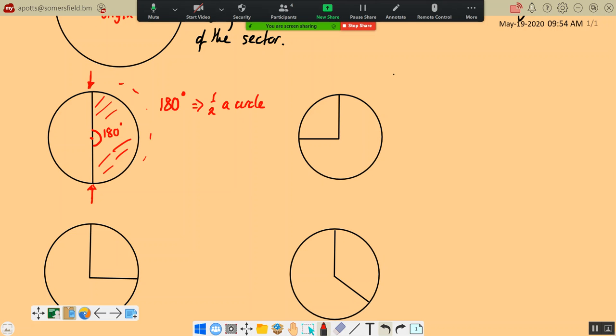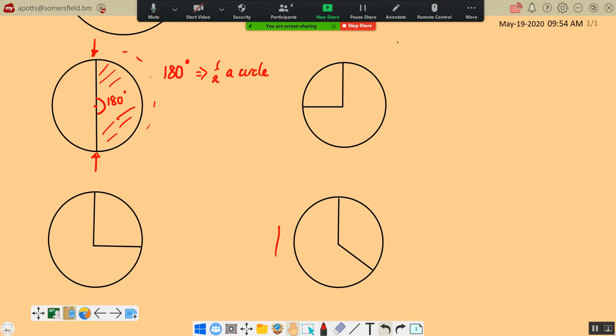Right, let's talk about the next image down here, which is 90 degrees. That doesn't look very good, but it is 90 degrees. All right, so let's say I've got that. How much of the circle do I have as a fraction? A quarter. All right, so we have a quarter of a circle. Now this is a quarter, but I'm actually interested in this side.